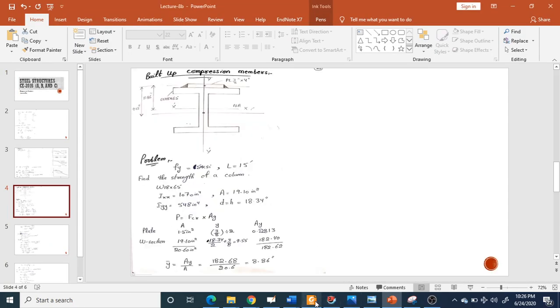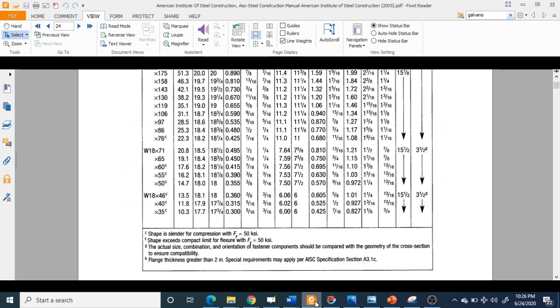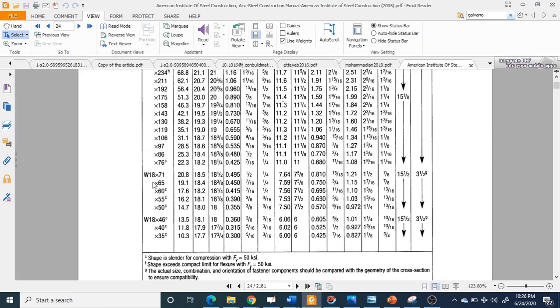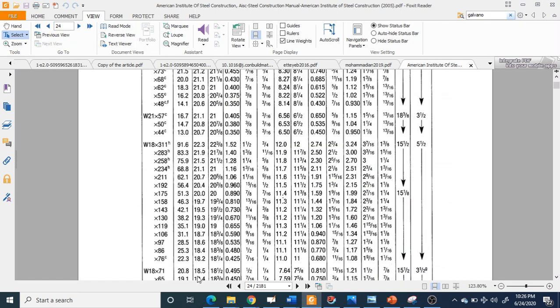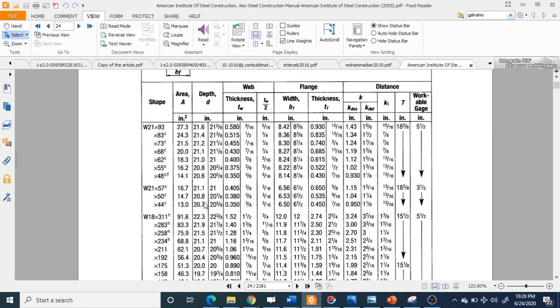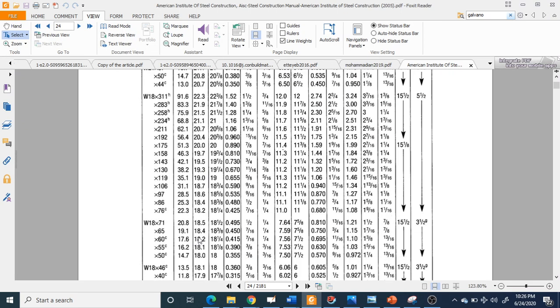Okay, you can see the manual, W18x65. The area is 19.1. Its depth in inches is 18.4. There it was 18.34 inches. It means it's an updated manual, so it doesn't matter.